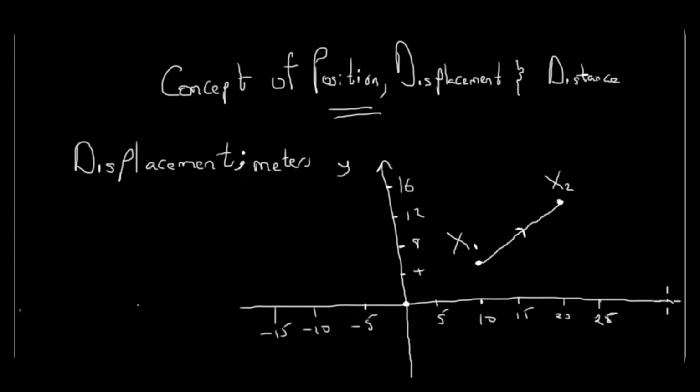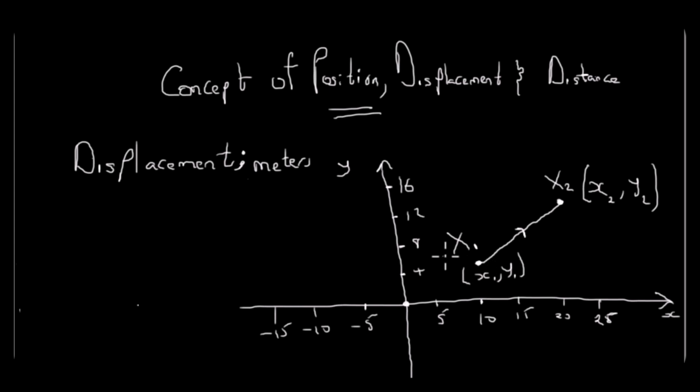And then this is my x axis. Now, x2, from my knowledge of position, if I were to describe this, I would say x2 will simply be x subscript 2, comma, y subscript 2. Then x1 will simply be x subscript 1, comma, y subscript 1.